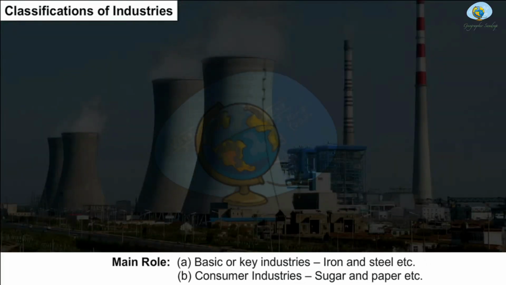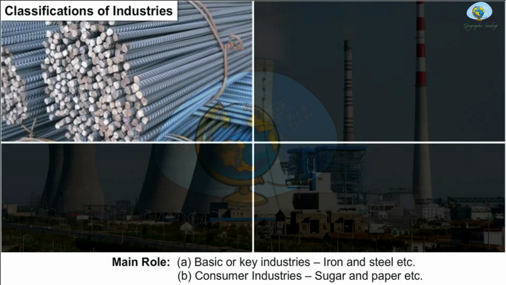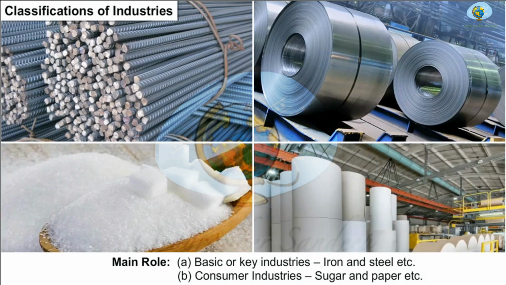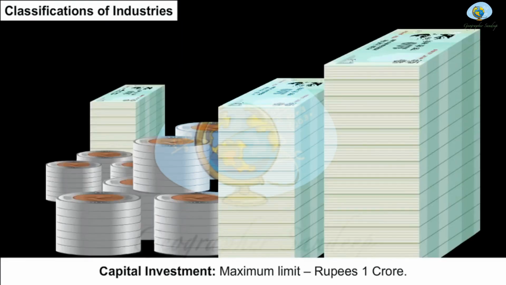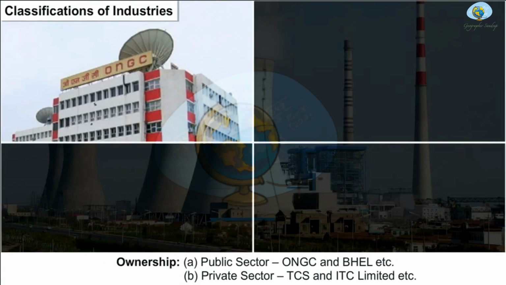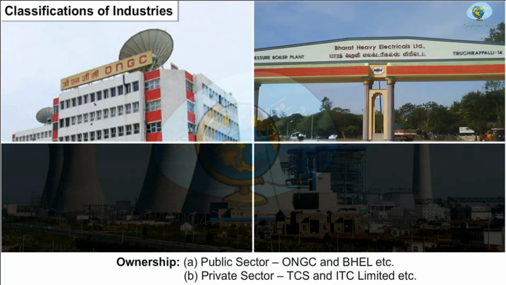Main role: A. Basic or key industries, iron and steel, etc. B. Consumer industries, sugar and paper, etc. 3. Capital investment, maximum limit Rupees 1 crore. 4. Ownership: A. Public sector, ONGC and BHEL, etc. B. Private sector.